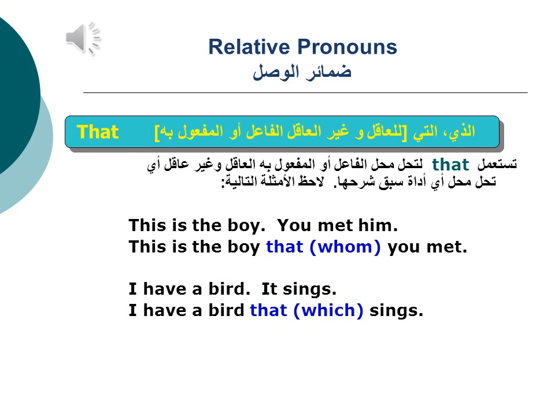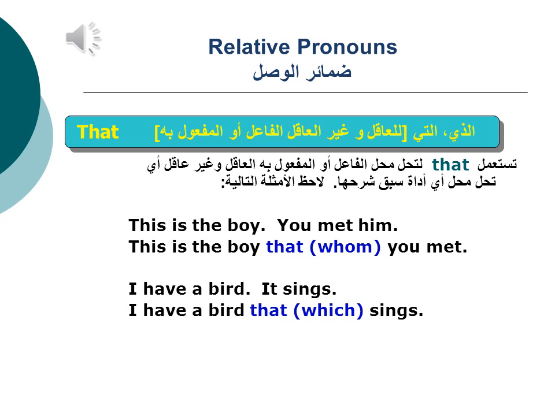The relative pronoun that is used to replace a subject or an object in the main clause, whether that subject or object is a person or a thing. For example, this is the boy, you met him.